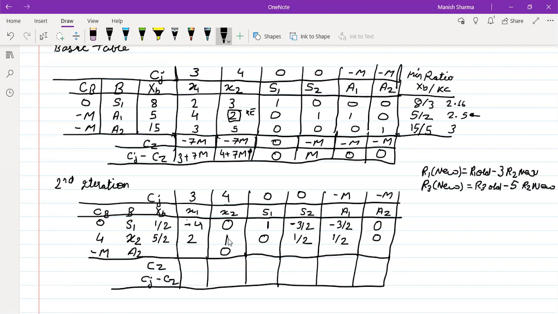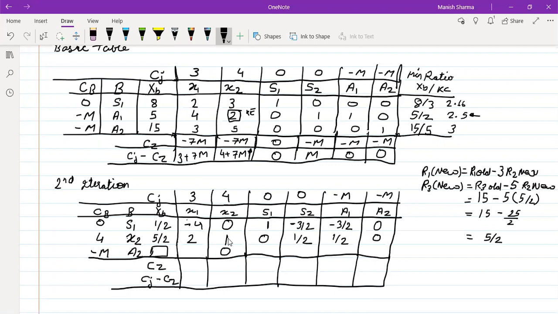So now the value is 15 for this block. It is 15 minus 5 times R2 new, that is 5 by 2, which is equal to 15 minus 25 by 2, that is equal to 5 by 2. Correct? Yes, sir.